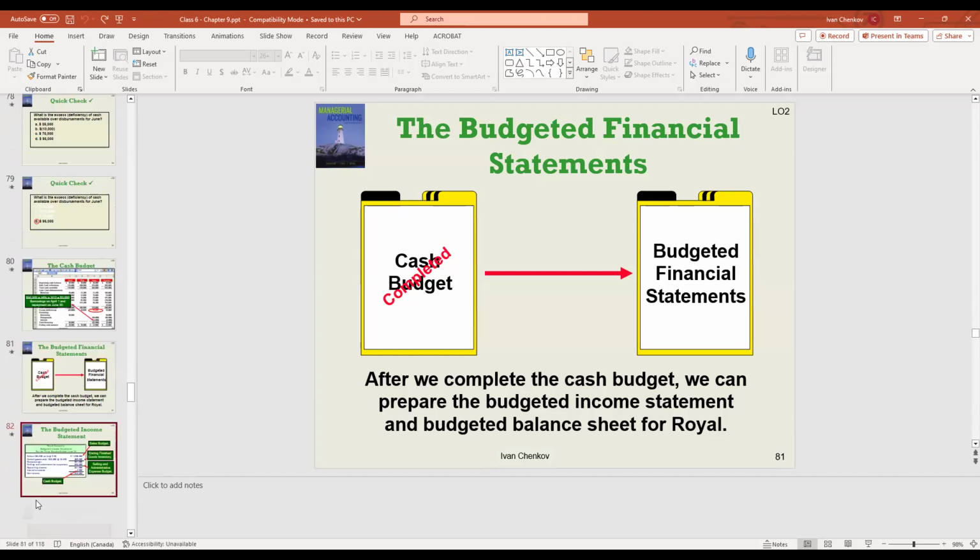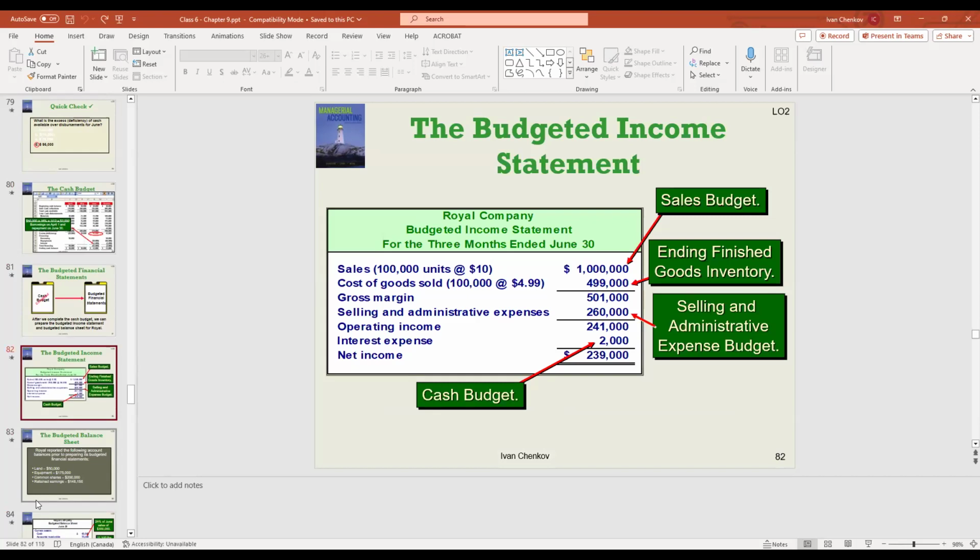Next one is the income statement. The income statement is straightforward. On the income statement, you're gonna have sales, cost of goods sold. We already calculate the cost of goods sold is $4.99. And we know that we're selling 100,000 units times $10 per unit. You're gonna get the sales, you're gonna get cost of goods sold, gross margin.